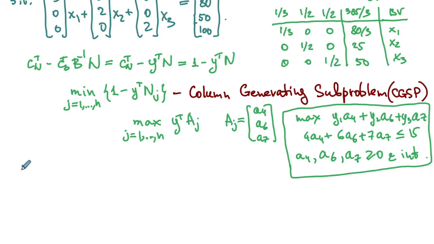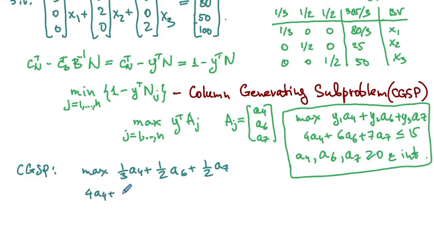So our column generating subproblem is to maximize 1/3 times A4 plus 1/2 times A6 plus 1/2 times A7, subject to 4 times A4 plus 6 times A6 plus 7 times A7 is less than or equal to 15. Then A4, A6, A7 is greater than or equal to 0 and integer. So we have this knapsack problem, and we can solve it using the dynamic programming algorithm.